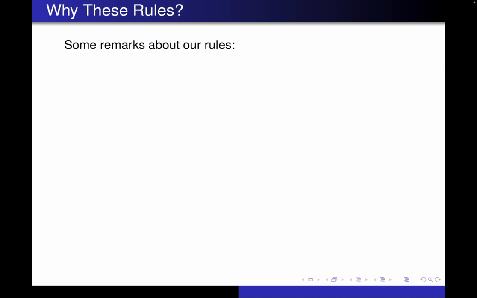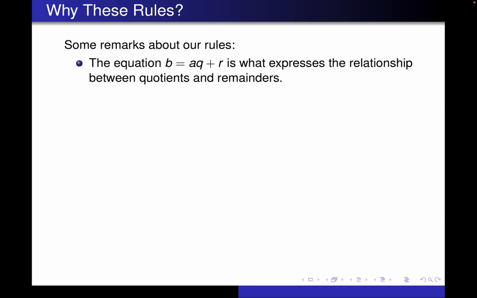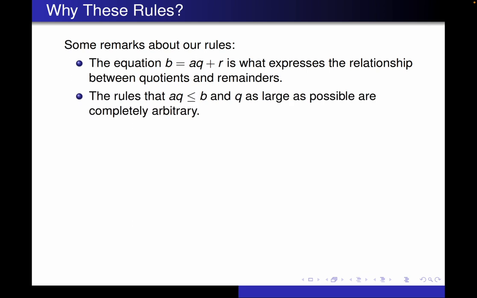So I want to talk a little bit about our rules for finding quotients and remainders. First of all, the equation b equals aq plus r is the fundamental thing that expresses the relationship between what a quotient is and what a remainder is. The second thing is that whole deal with making aq less than or equal to b and making q as large as possible.